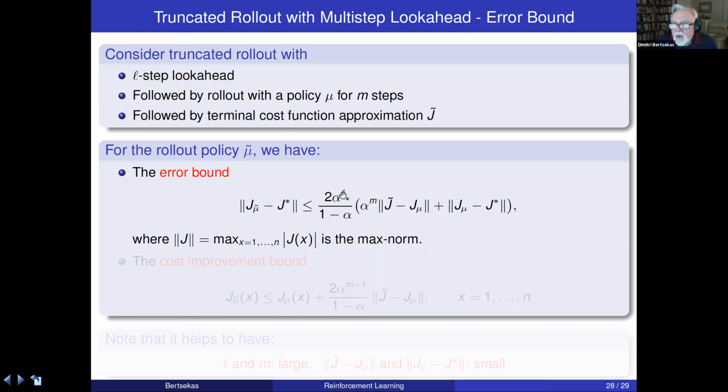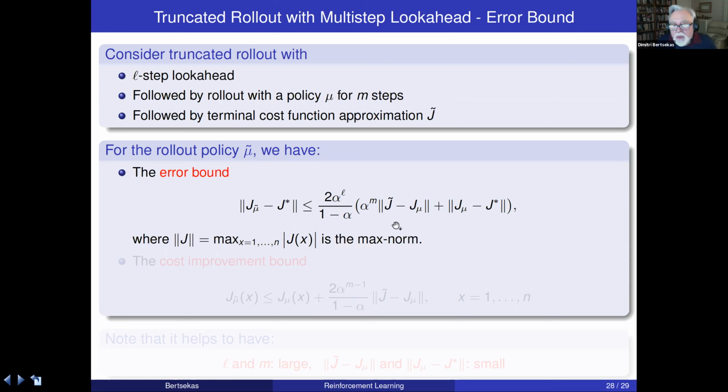The more lookahead you have, the better off you are in terms of this bound. It involves M, the number of steps that you use for rollout with the policy. The distance between the cost function approximation and the cost of the base policy. The distance between the cost of the base policy and the optimum. All of these play a role in this bound here.